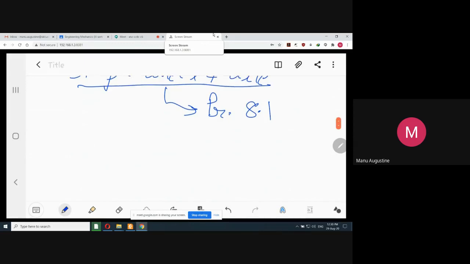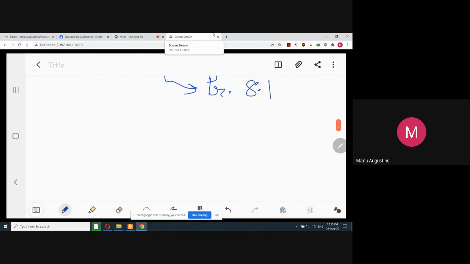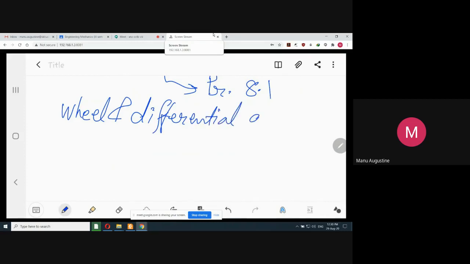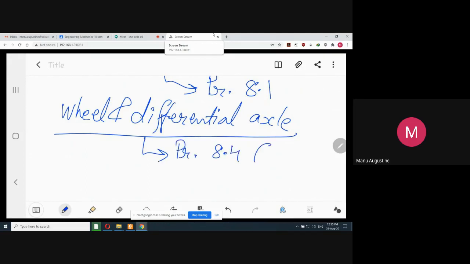Okay, continuing further, for wheel and differential axle, this was the second type of lifting machine involving wheels. Please refer to problem number 8.4 and 8.5.